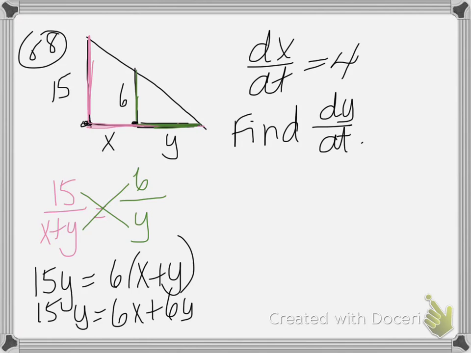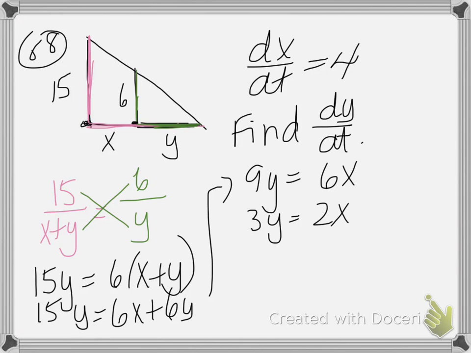Subtract 6y from both sides. You could simplify by dividing each side by 3. Okay, so this is actually your function. Now, don't forget you have to take the derivative of that.